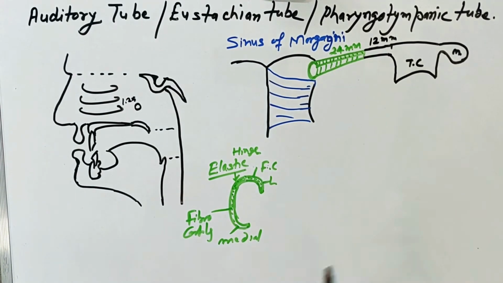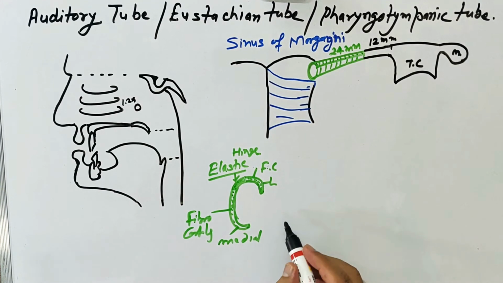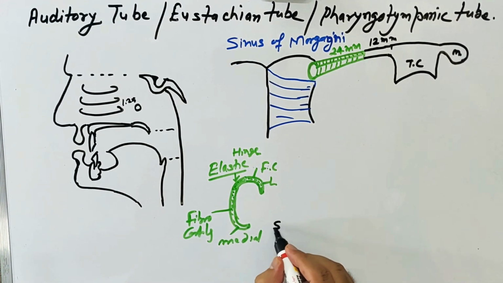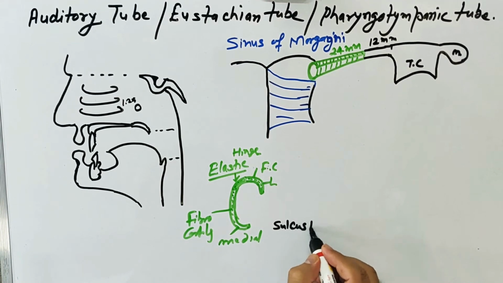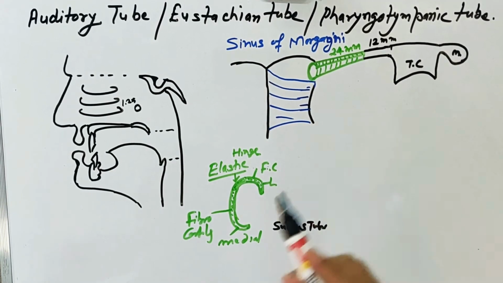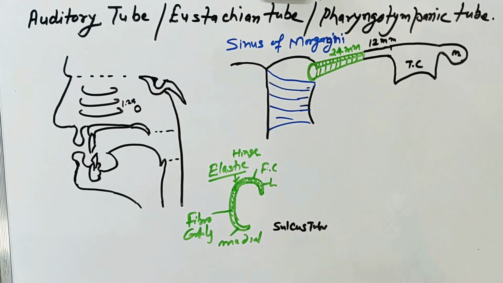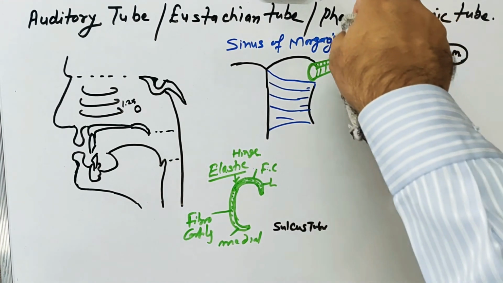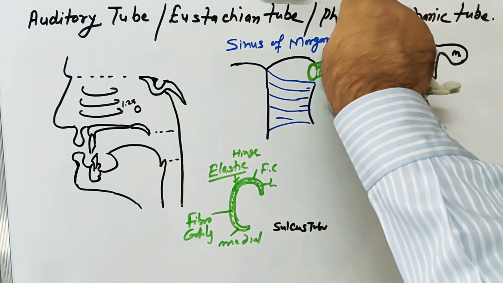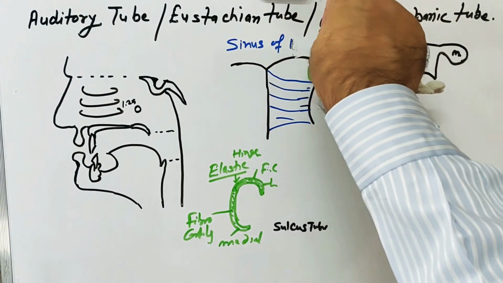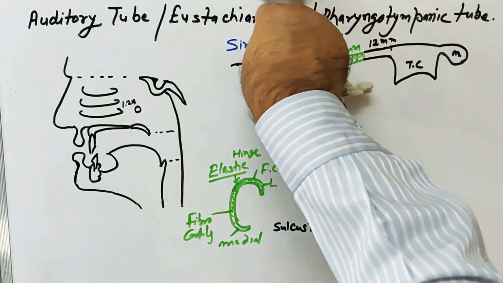This cartilaginous part lies in the sulcus tubi. Here, one important thing: this sulcus tubi lies between the petrous temporal bone and the greater wing of sphenoid.